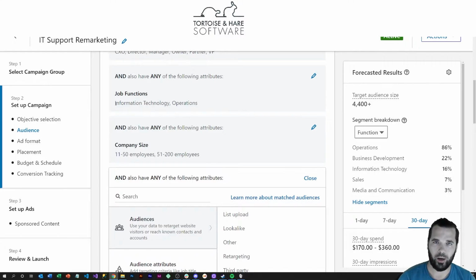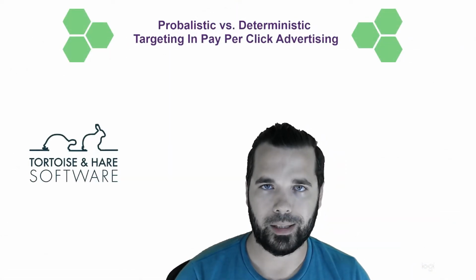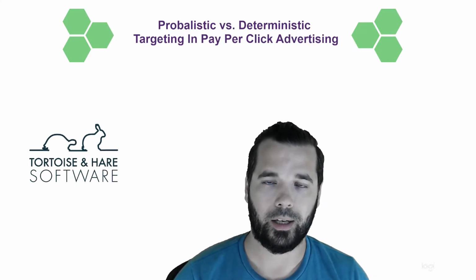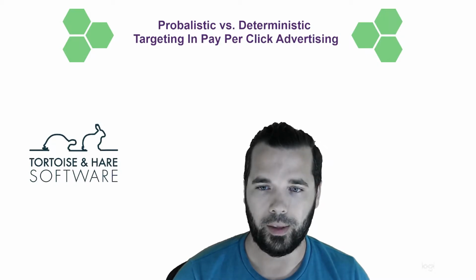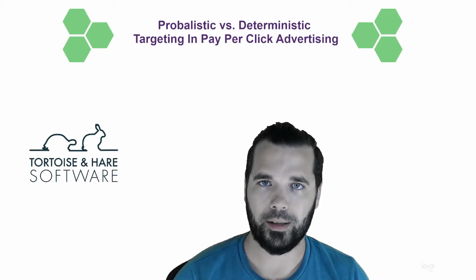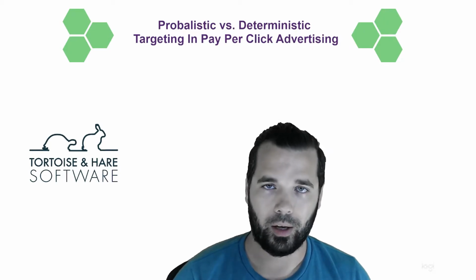One thing to be aware of is that most of these platforms are moving a lot more probabilistic due to data privacy regulations over the past couple of years. They're moving towards probabilistic targeting for both these targeting criteria, whether you're a member of a remarketing audience or whether you're the same person on a desktop versus a mobile device, because those are obfuscated.